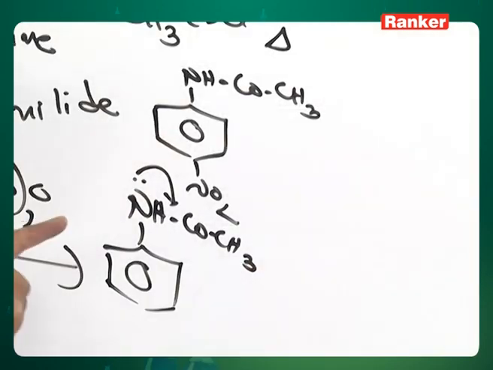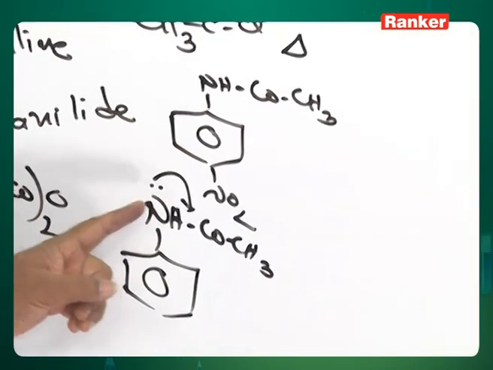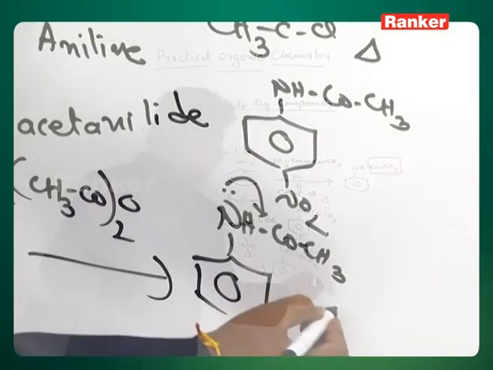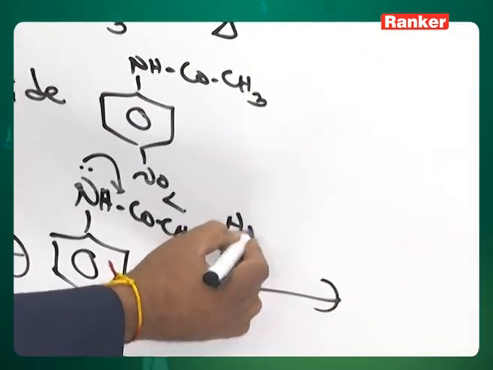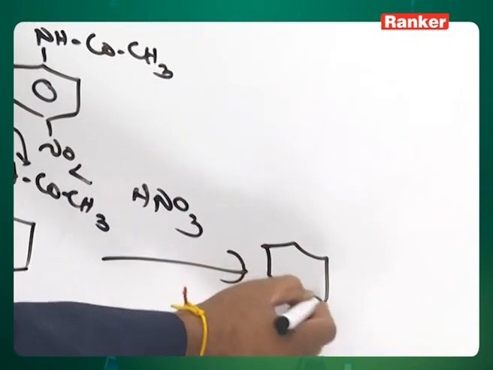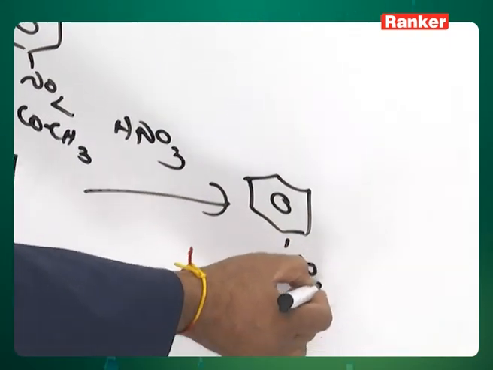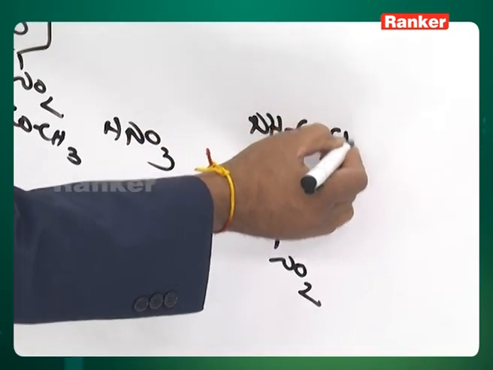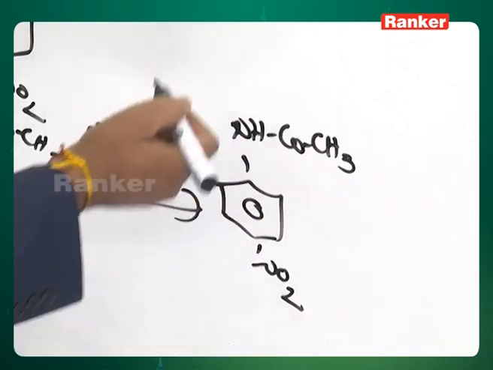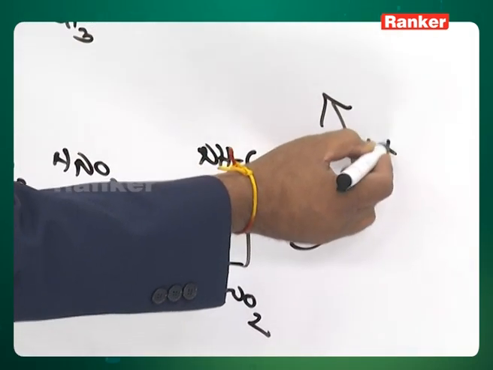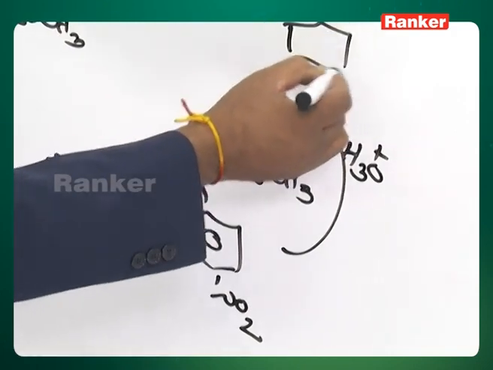No more protonation, the N is no more basic now, it is acidic because it is conjugated with CO. So, nitration with ordinary nitric acid can be done at para. So, paranitroacetanilide can be prepared. If you are interested in paranitroaniline, deacetylation with H3O+ will give the paranitroaniline also.